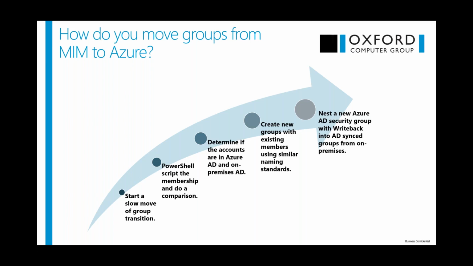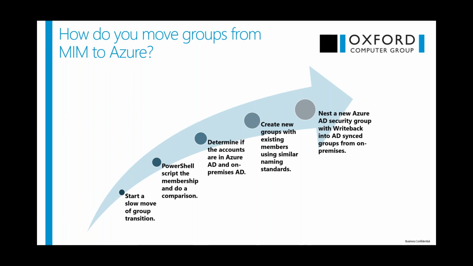So if you want to do Azure AD security groups and manage the same type of groups that were in MIM, what I would suggest is to do a comparison of what the membership is inside of MIM, and what the membership is when you synchronize that group to the cloud. Check whether any user accounts have changed, because you want to make sure that your user accounts are identical.